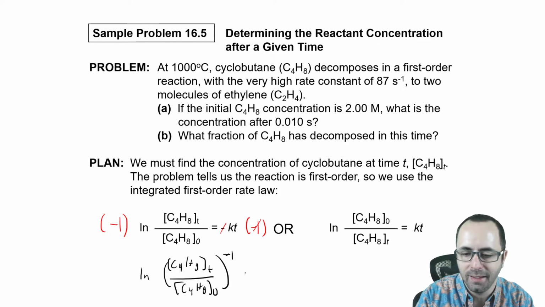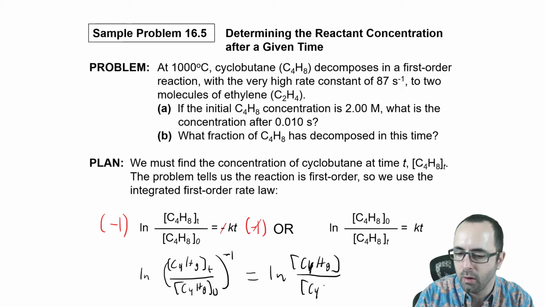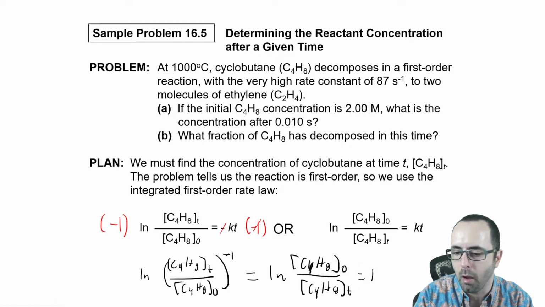And that is the same as natural log of C4H8 over C4H8 at time 0. Now we're flipping. When you put a fraction to the -1, that's the same as flipping it upside down. So at time t is on the bottom, and that will now equal positive kt, which is exactly this equation right here.